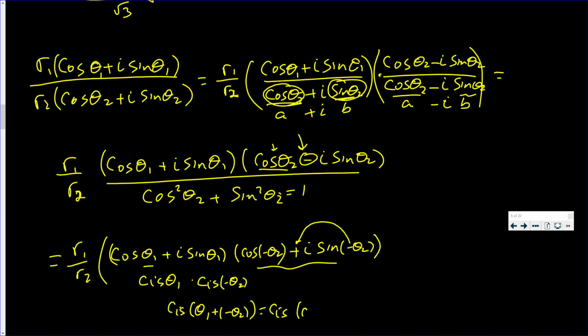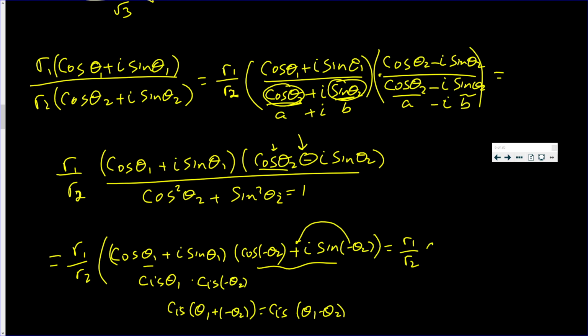But that's theta 1 minus theta 2. That is, I get r1 over r2 times cosine of theta 1 minus theta 2 plus i times sine of theta 1 minus theta 2.